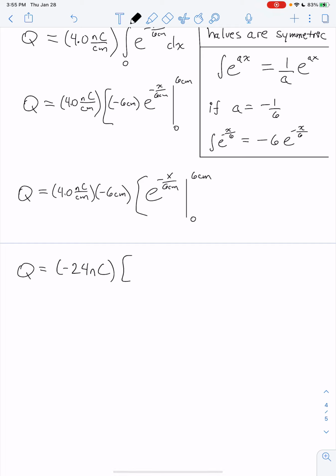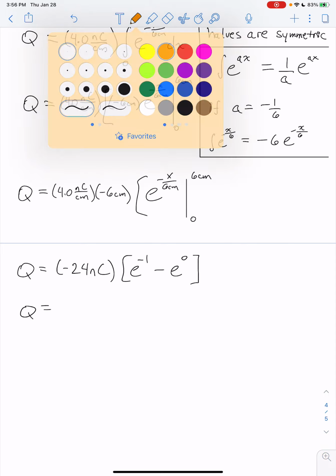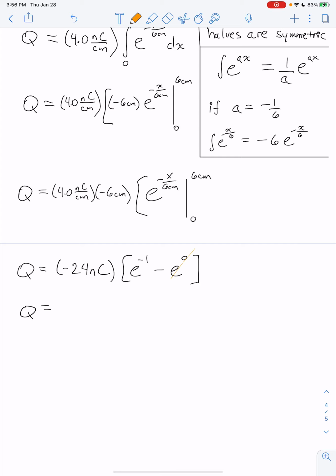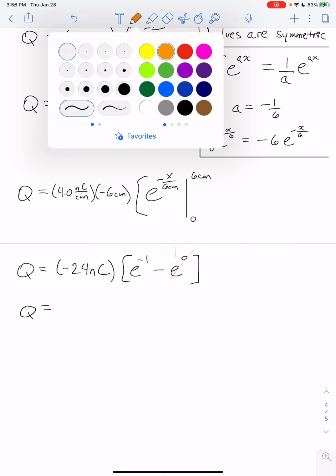And then we're going to first evaluate e to the negative 1, and then subtract e to the 0, remembering that e to the 0 is 1.